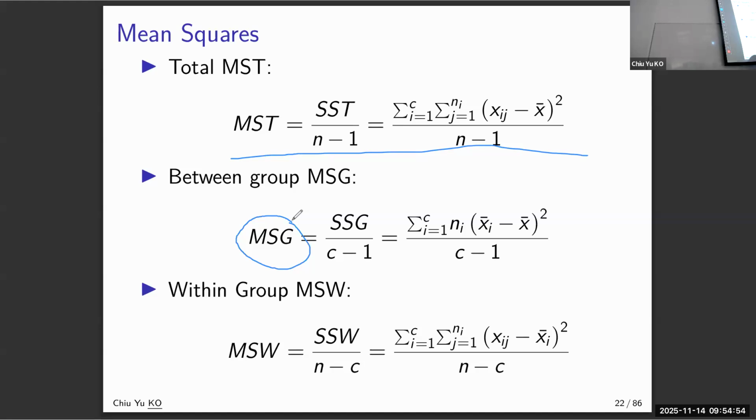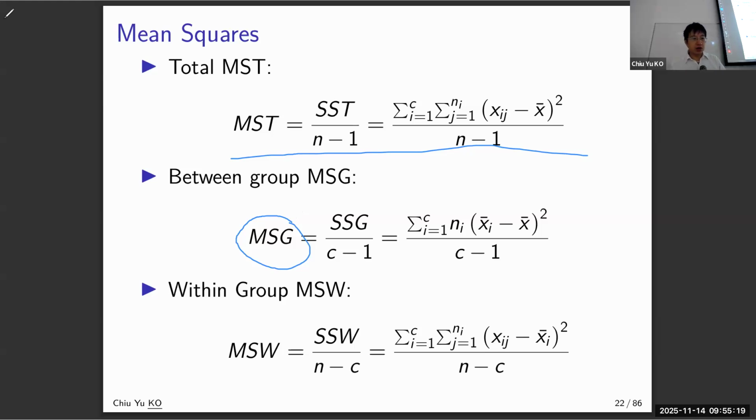That is the variance within each group and the variance across the grouping. If there's no inherent difference between groupings, these two will be the same. But otherwise, if the underlying means are different, MSG is much bigger than MSW.